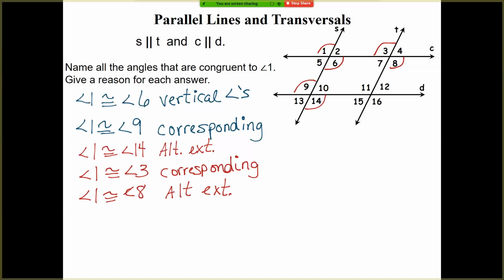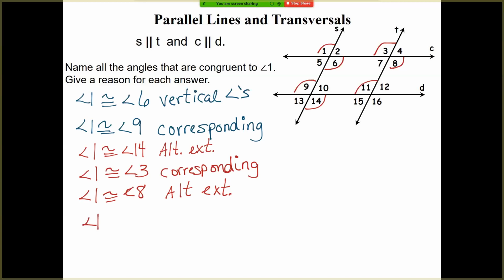Now, when I jump down to this bottom section where angles 11, 12, 15, and 16 are, I don't have a direct relationship to angle 1, but since I know information about angle 3 and angle 8, and angle 9 and angle 14, I could make assumptions. If angle 1 is congruent to angle 3, and angle 3 corresponds with angle 11, then those have to be congruent.